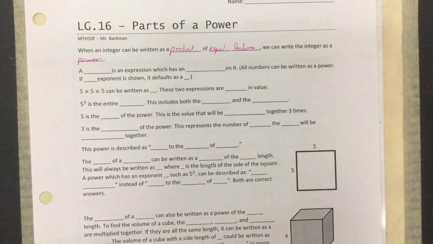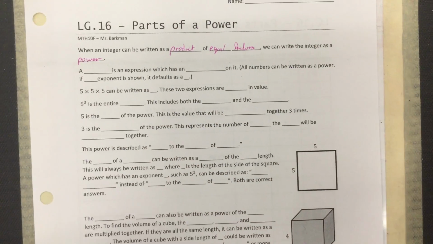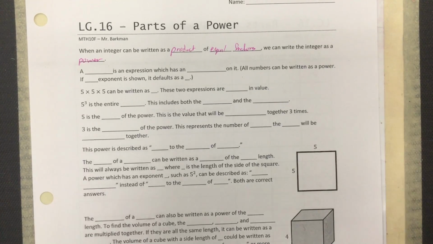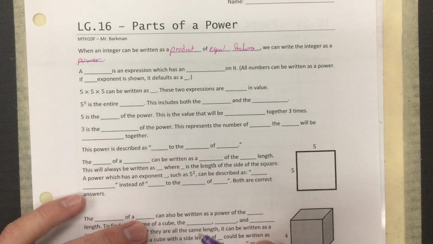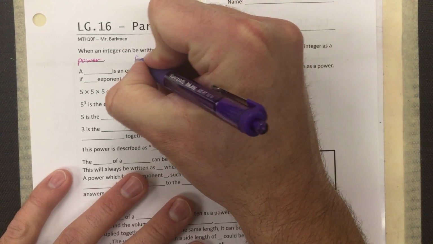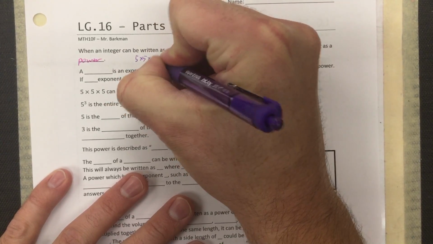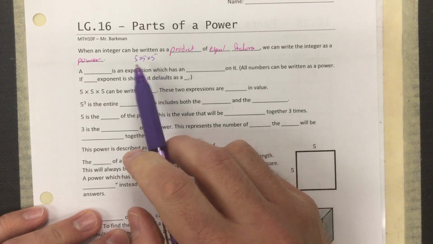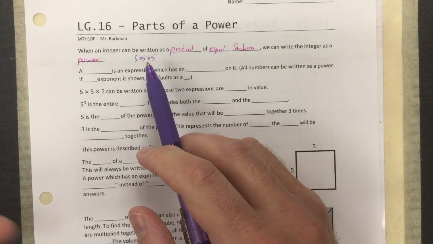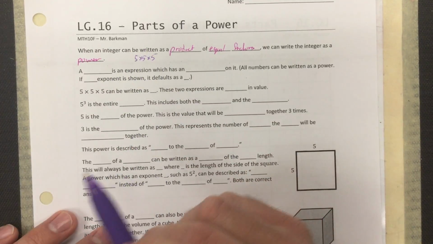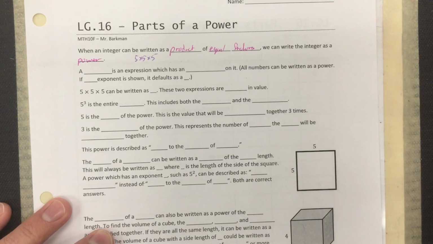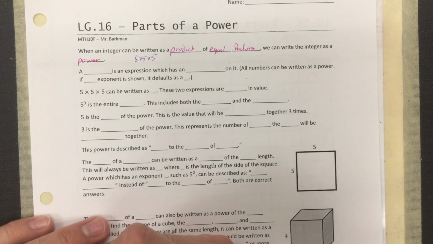So something like 5 times 5 times 5, if we multiply that together, we're going to get an answer of 125. This we could write out as a power, and we'll look at what exactly a power is.